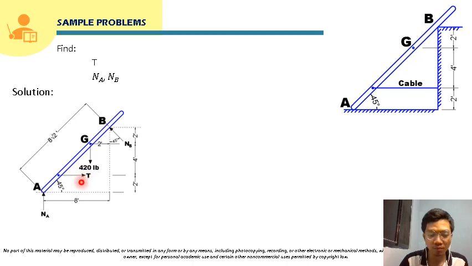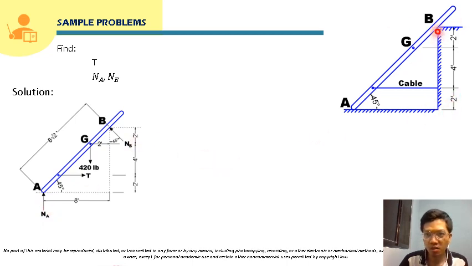So this is pull. For the reaction at A, we will name it as NA. So this is the normal reaction. It will be applied at the point of contact of the rod and the surface, and it will be applied perpendicular to the surface. So this will be NA.